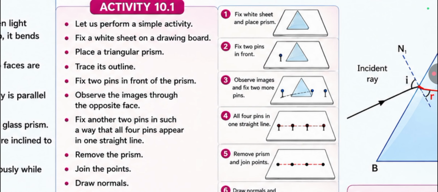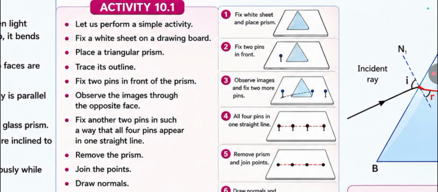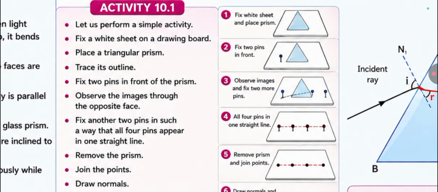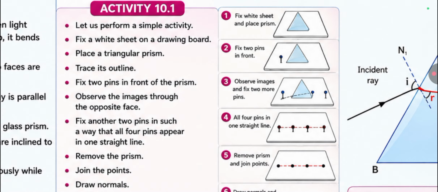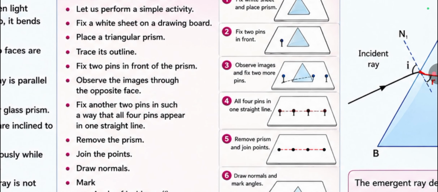Let us perform a simple activity. Fix a white sheet on a drawing board. Place a triangular prism. Trace its outline. Fix two pins in front of the prism. Observe the images through the opposite face.